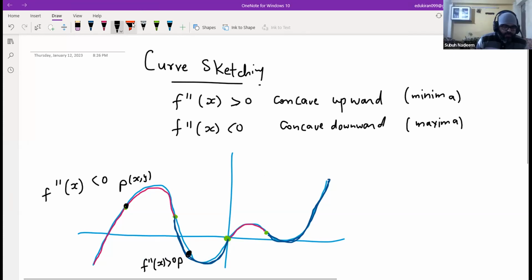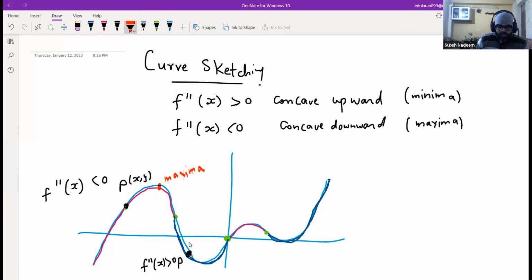Next thing it is saying is that for concave downward, there is a maxima. So here you can see there is a maxima. If you talk about a region which is concave downward, you will get a maxima somewhere.